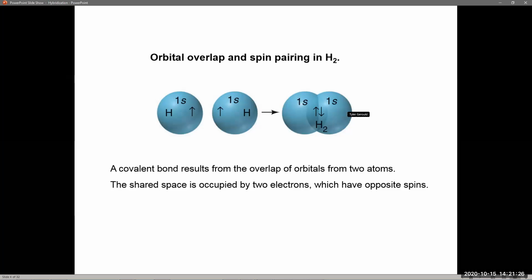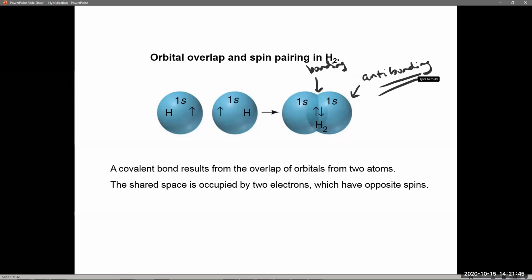We used to talk about molecular orbitals, molecular orbital theory, which is a very detailed look at what's going on here. And there's bonding orbitals versus anti-bonding, which is a word that freaked everyone out when they were learning about those.